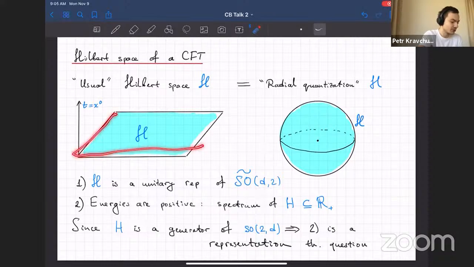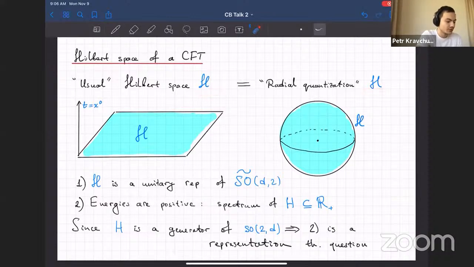We have some flat slices at constant time, and we associate a Hilbert space with this constant time slice. Alternatively, in CFTs, including Lorentzian signature, people often talk about radial quantization, where the Hilbert space is associated to a sphere. And the important point that I want to stress is that this is the same Hilbert space here and here.